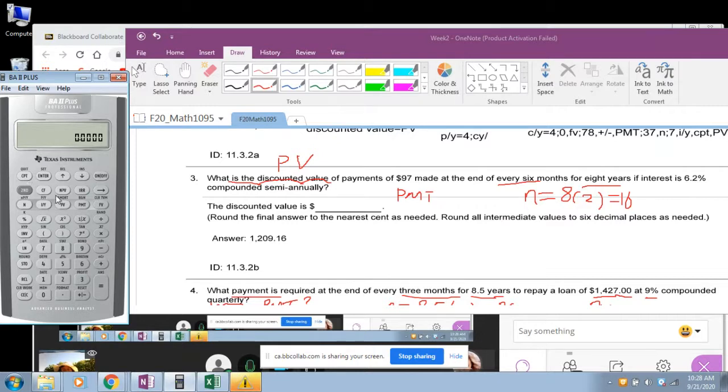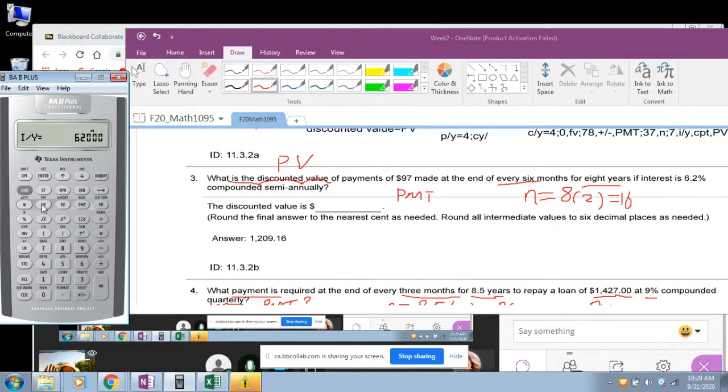And then you enter 97. That is negative number, PMT. Okay. 16 is N. Interest is 6.2, the I/Y. So you enter the 3 numbers, 97, 16, 6.2.